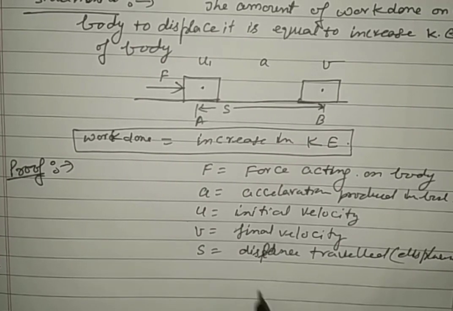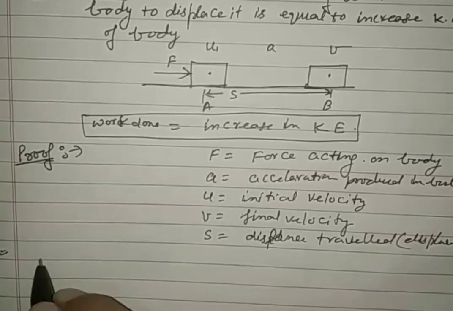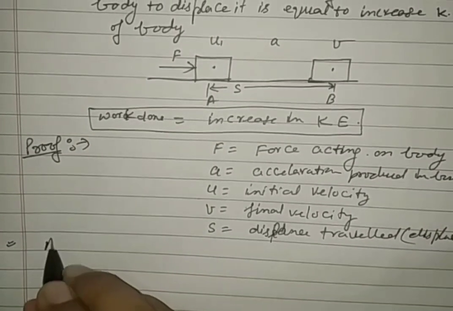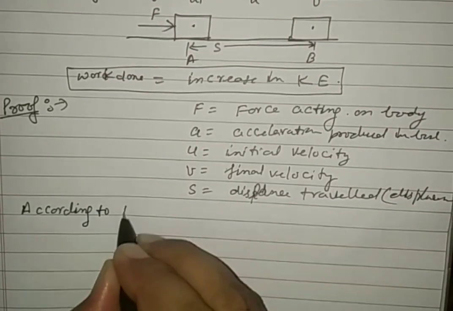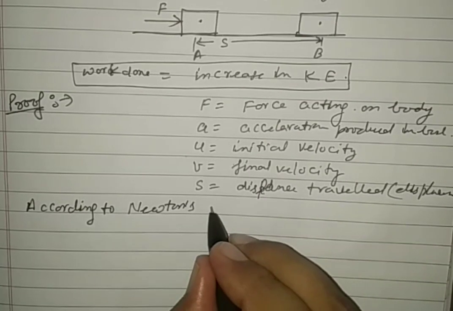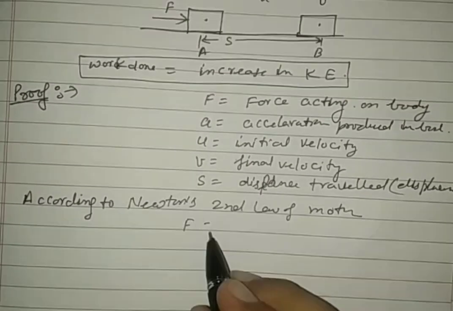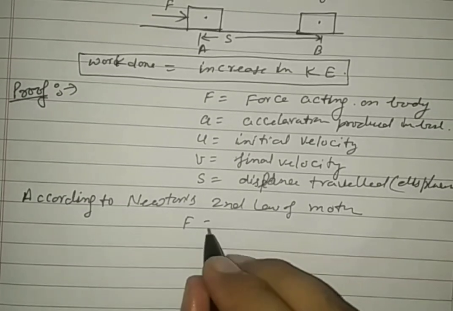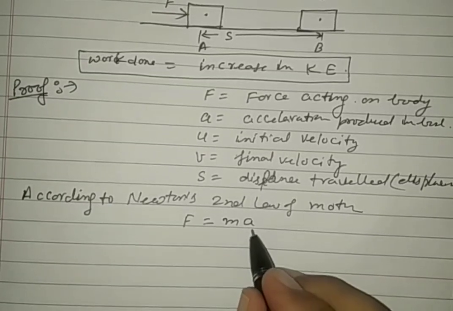Now F force is applied on a body, then according to Newton's second law of motion, F is equal to ma.